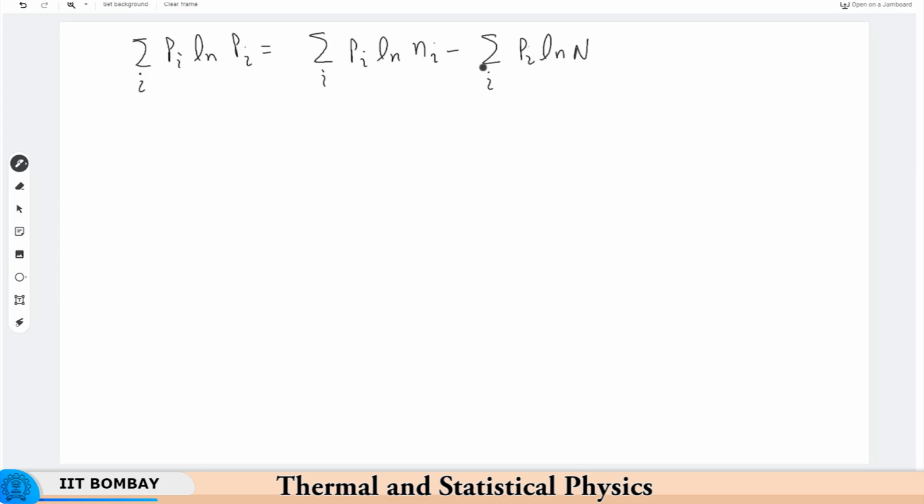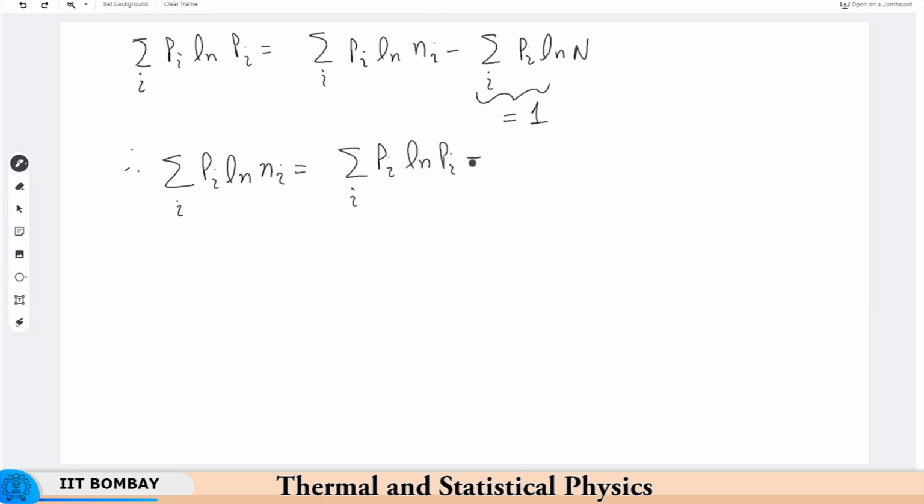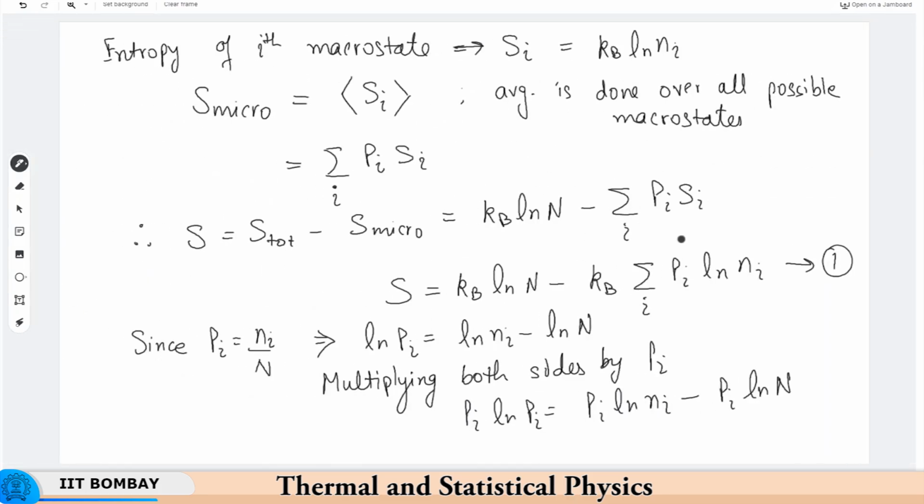It is equal to 1, since the total probability to be in any macrostate is 1. So, sigma i Pi log Ni simply becomes sigma i Pi log Pi minus log n, as this sigma goes away.